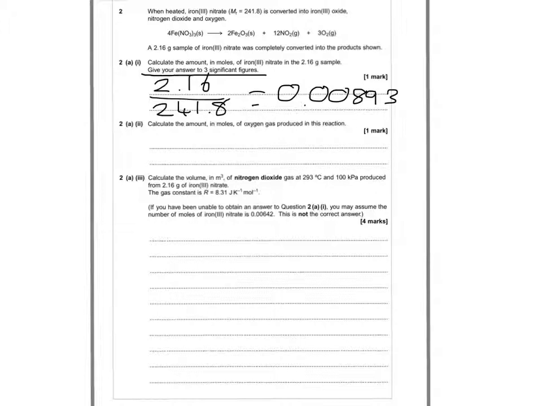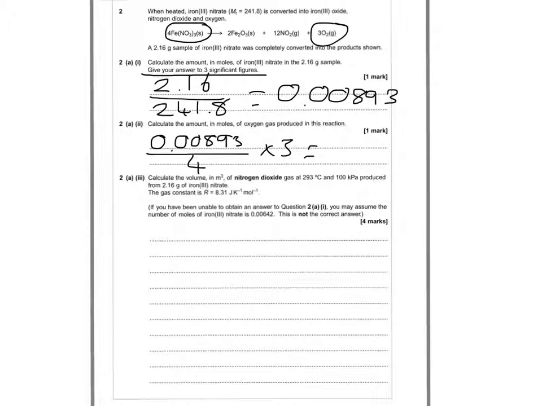Part 2, calculate the amount in moles of oxygen gas produced in this reaction. So we need to look at the molar ratios. So we've just worked out the moles of iron nitrate, and they want the moles of oxygen. So what you've just worked out, 0.00893, should be 893, not 899, or whatever number you got, divide it by 4, times it by 3.